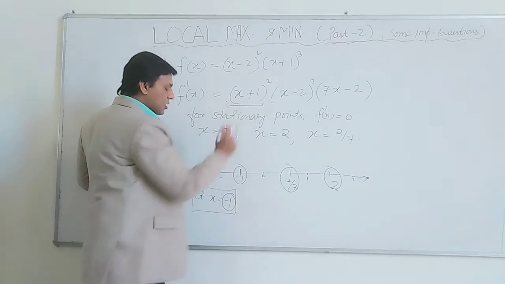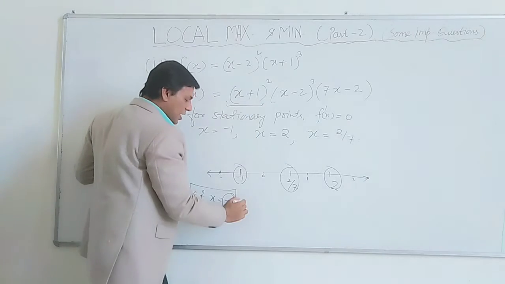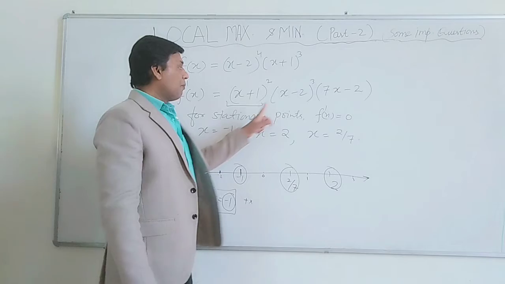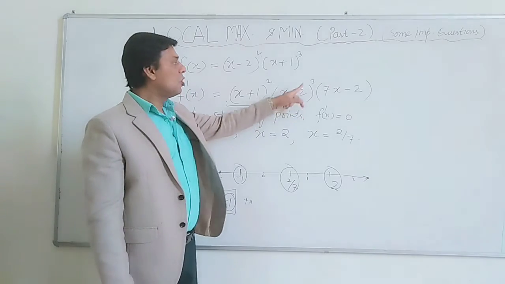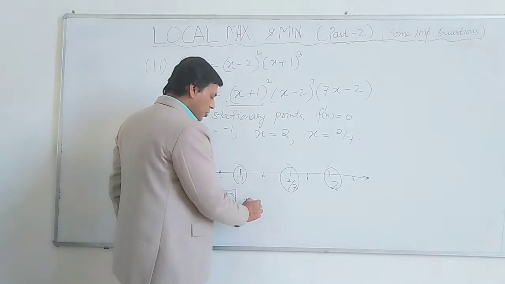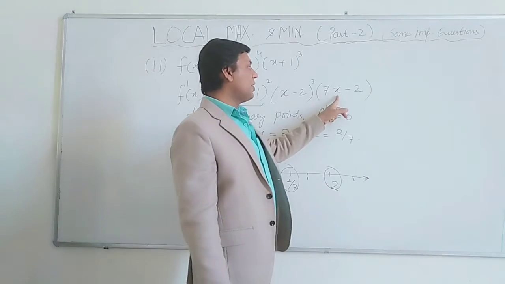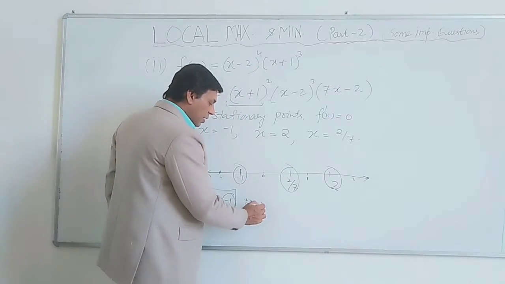You just need to check the sign, I am telling you. So -2 plus 1 is -1, whose square is positive. Then -2 minus 2 will be -4, whose cube will again be negative. Then if you are putting -2 here, 7 into -2 is -14 and minus 2 is -16, it will also be negative.